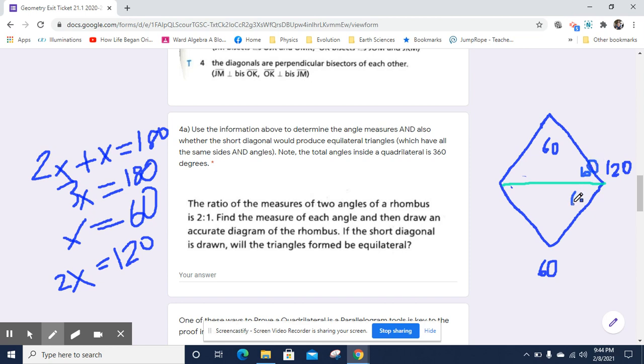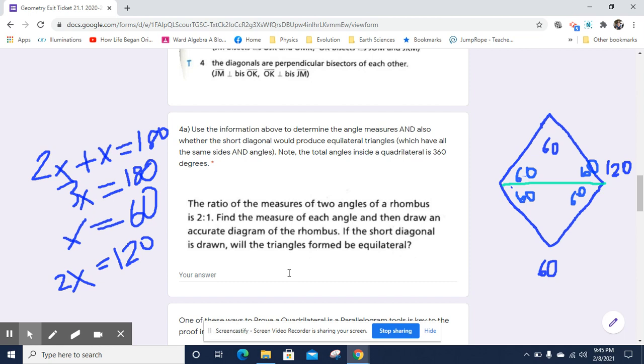That's 60. That's 60. And that's 60. And if you recall back in types of triangles, there's a thing called an equiangular triangle, which is also an equilateral triangle. Equiangular triangles and equilateral triangles are the same dang thing.